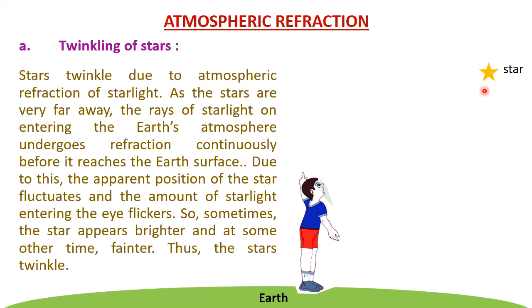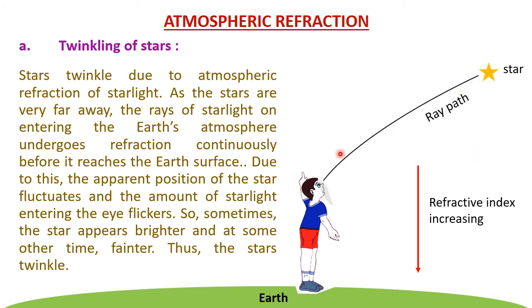Because of this decreasing density, the refractive index of the medium increases in this order. So the refractive index for the air which lies in the troposphere will be greater than the other layers. Because of this increasing refractive index, the ray of light coming from this star will not follow a straight path. It will be bent or curved.